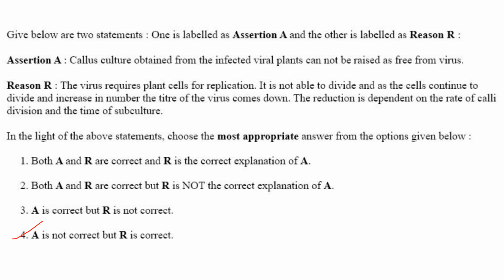The virus requires plant cells for replication. It is not able to divide, and as the cells continue to divide and increase in number, the titer of the virus comes down. The reduction is dependent on the rate of calli division and the time of subculture. That is correct. So answer here is option 4. That is, A is not correct but R is correct.